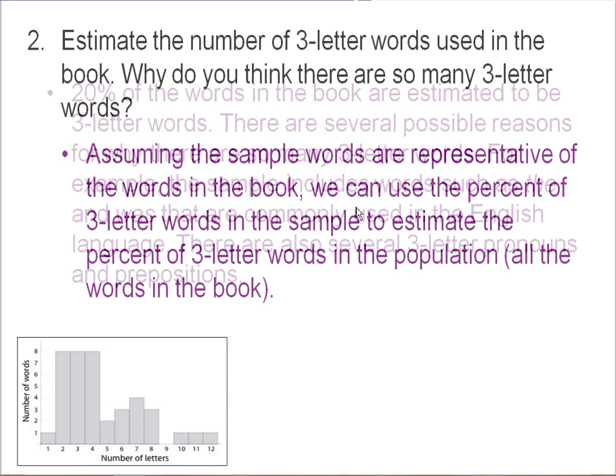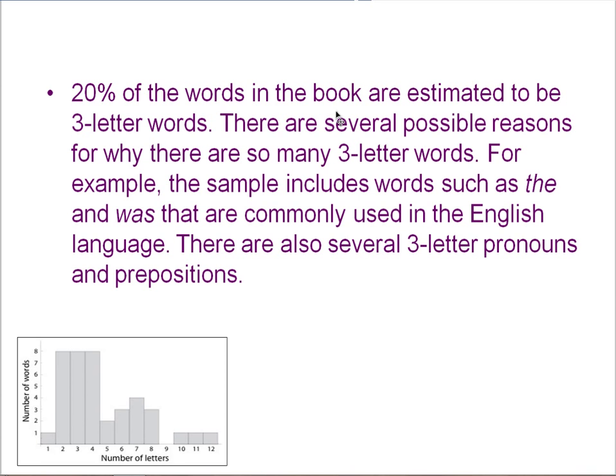I find that 20% of the words in his sample are 3-letter words, right? 8 out of all 40. So I'm going to assume that 20% of the words in the whole book are 3-letter words.